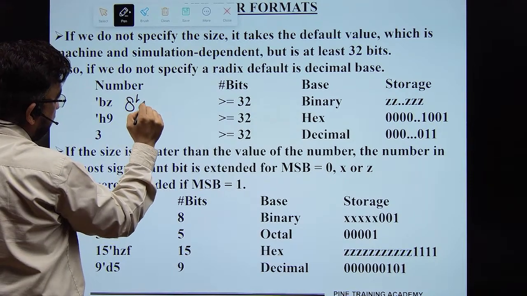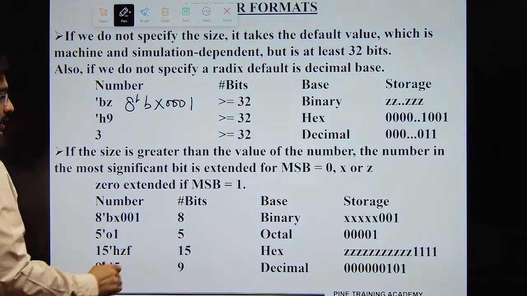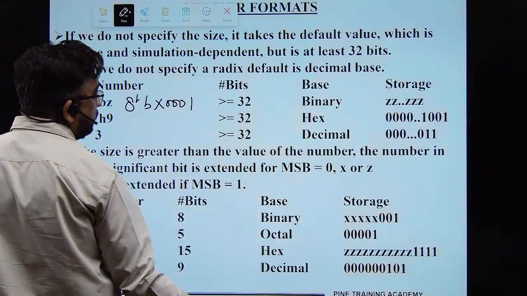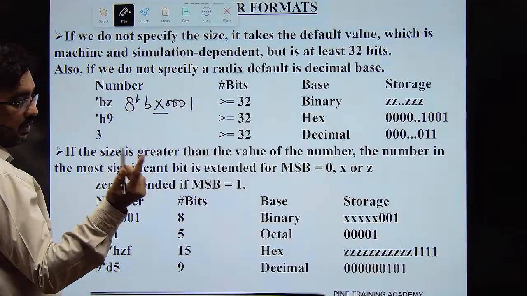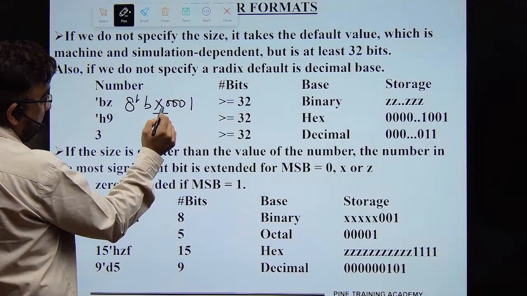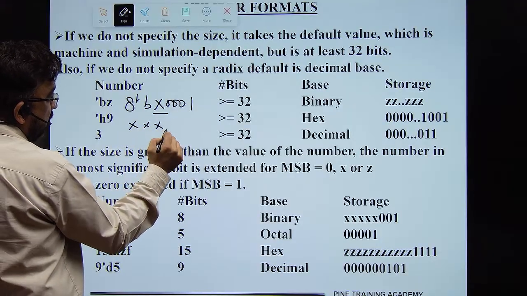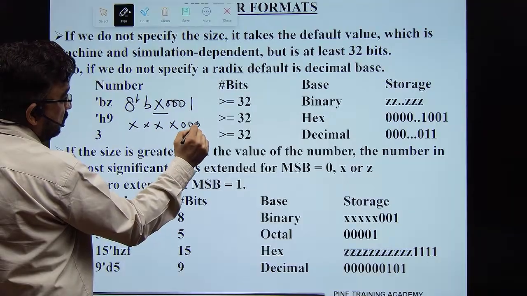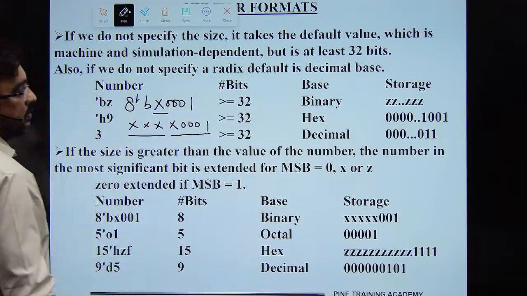8 tick bx0001. In that case, what will the tool, the simulation, the machine do? This is the last bit, so it will extend up to 3, because this is a total of 5. 1, 1, 1, 1, 0, 0, 0, 1. So the total is now 4 and 4, 8.